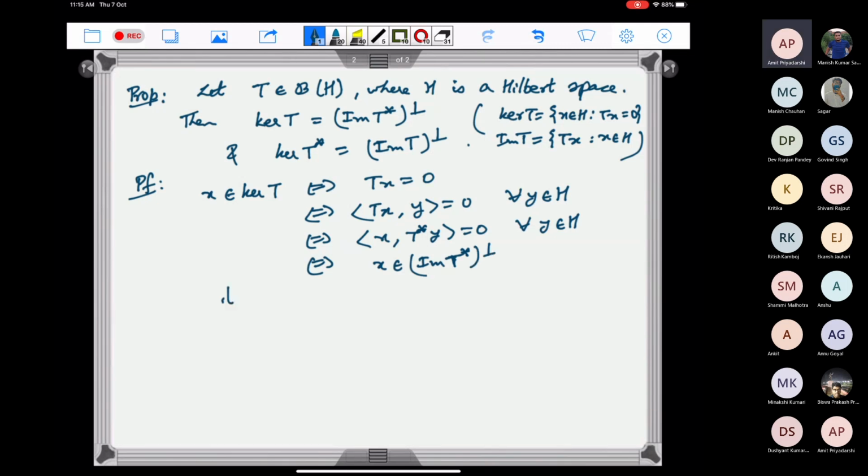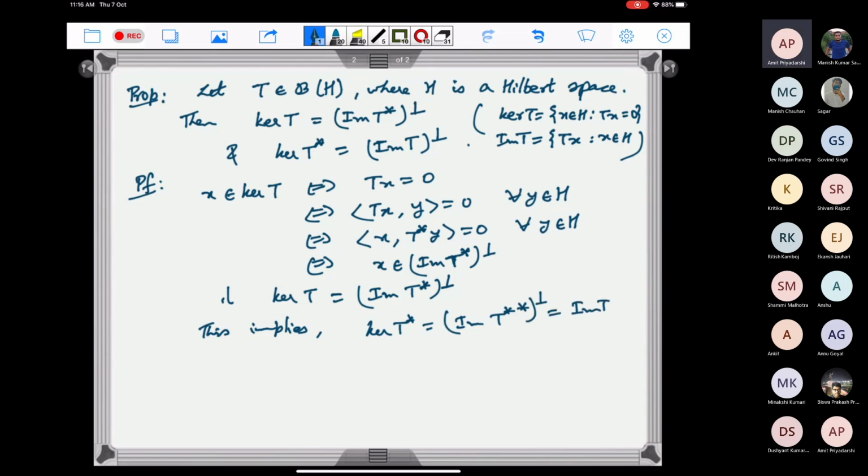Therefore we get kernel of T is the orthogonal complement of image of T star, and hence this also implies that kernel of T star will be equal to the orthogonal complement of image of T star star, but T star star is T, so that is image of T.